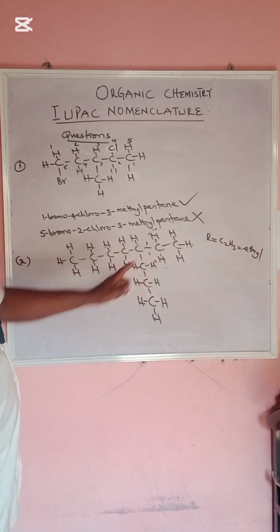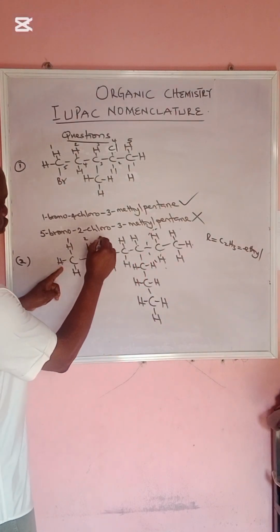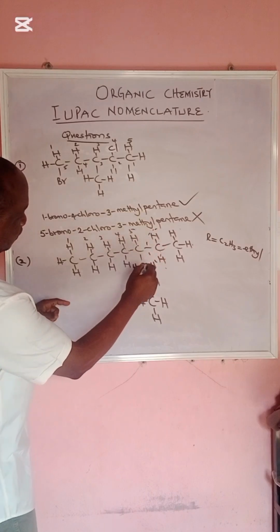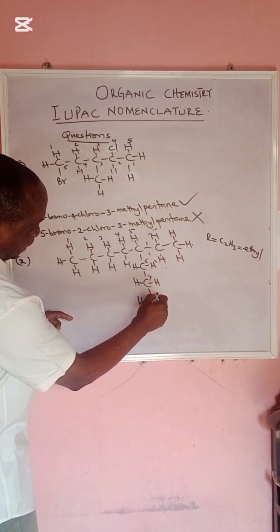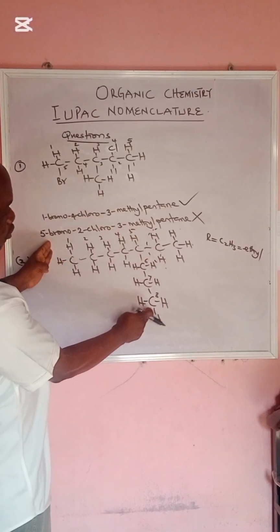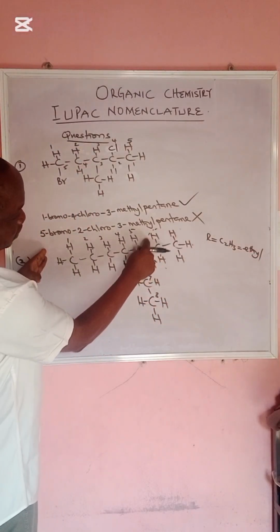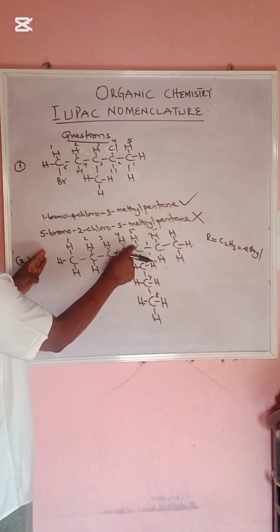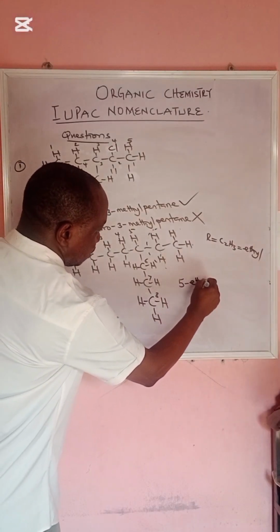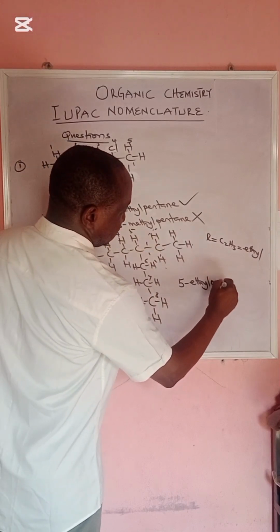When you count now, 1, 2, 3, 4, 5, 6, 7, 8, from left to right, ethyl is attached to carbon 5. So the name will be 5-ethyl octane.